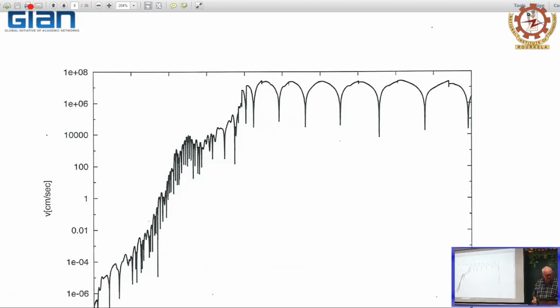Which quantity is responsible for the period in the first place? Once you want to know the period of pulsation of a star, what would you do in the first place? Pardon? Yes, the period-density relation. There is a relation between period and density.